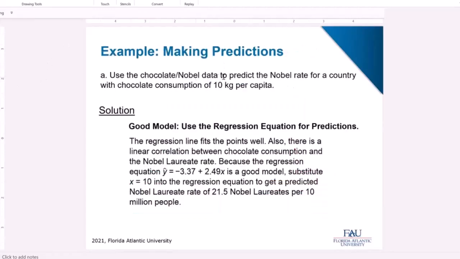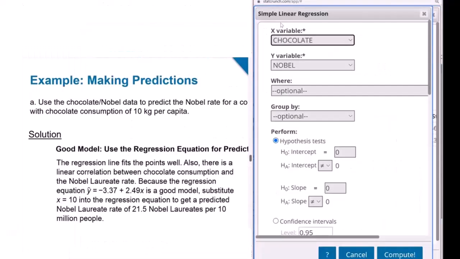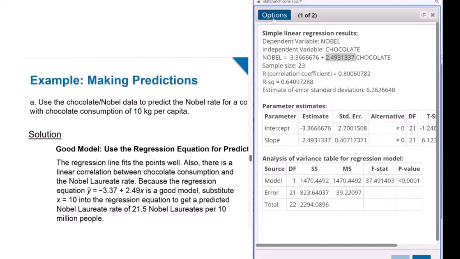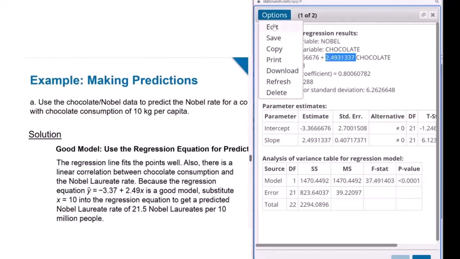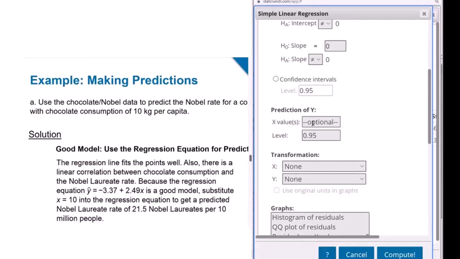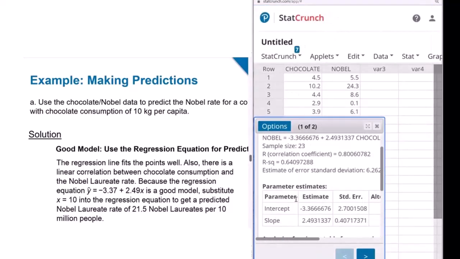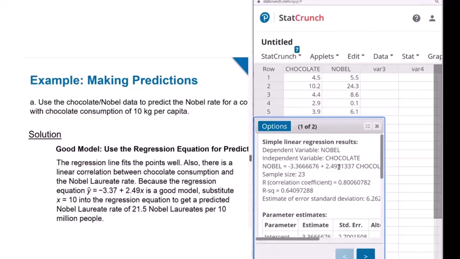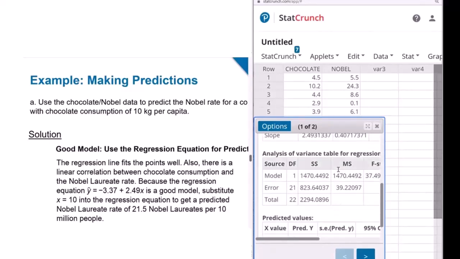Use the chocolate Nobel data to predict the Nobel rate for a country with chocolate consumption of 10 kilograms per capita. Go to StatCrunch, and we have all our data. Go back to Options, Edit, and go down to Prediction of Y. I'm going to put 10 kilograms. I hit Compute. We have our same equation. That's not going to change.